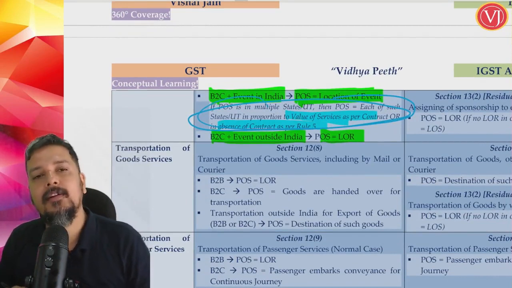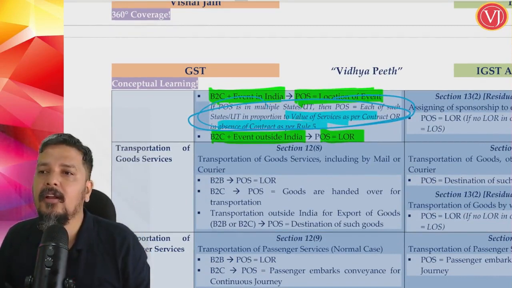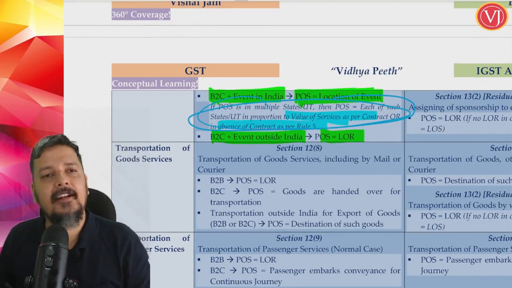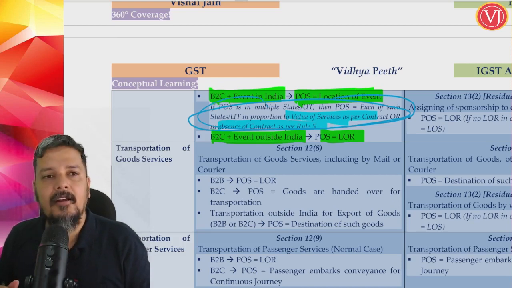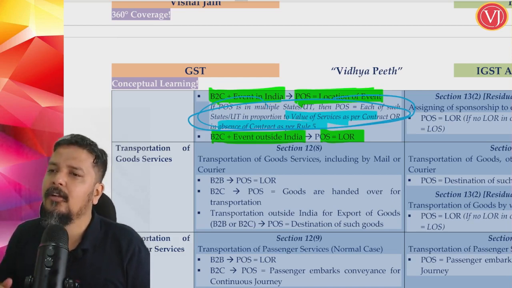If not, go with rule 5. Basically, they tell you to go with the contract value, if the contract has split the values clearly. If not, go with rule 5.